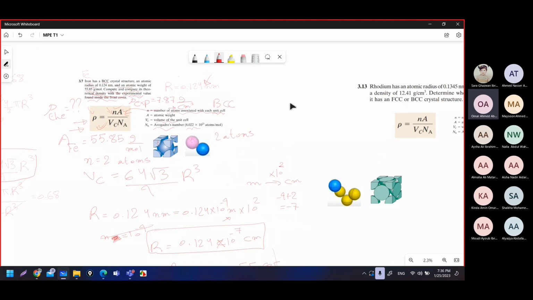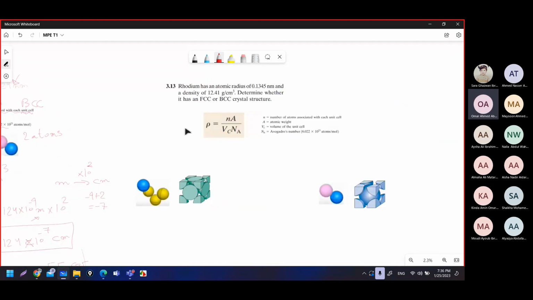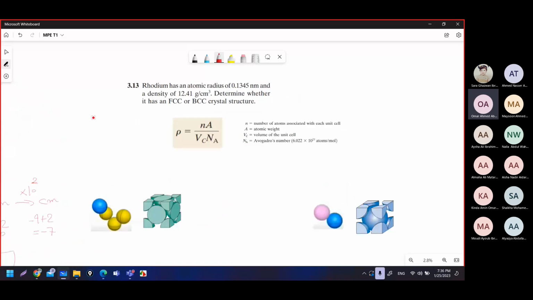Here we have another element, which is rhodium, which has an atomic radius of 0.1345 nanometer. So R is equal to 0.1345 nanometer.